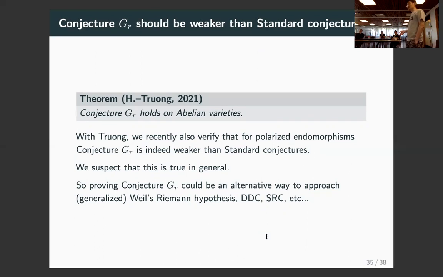But this conjecture GR is stated for arbitrary effective correspondences, so we suspect that it might be true for those. For example, if you can prove conjecture GR for two correspondences, then you can also prove it for the sum of them, a kind of convex combination. So you can prove it for polarized endomorphisms, then you can prove it for the sum of graphs of polarized endomorphisms. So you get something more.